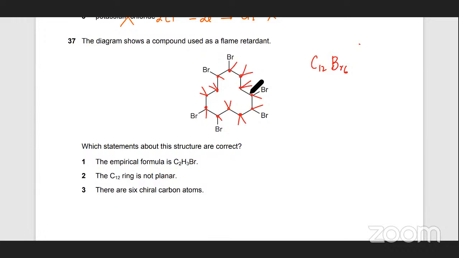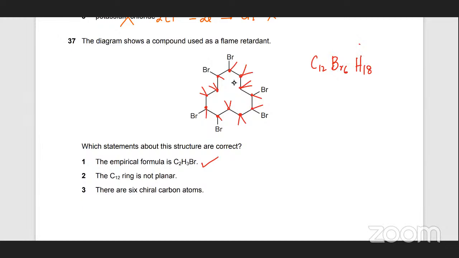That's 1, 2, 3, 4, 5, 6, 7, 8, 9, 10, 11, 12, 13, 14, 15, 16, 17, and 18. So you can divide everything by 6, and you'll get C2, and H would be 3, and Br would be 1.